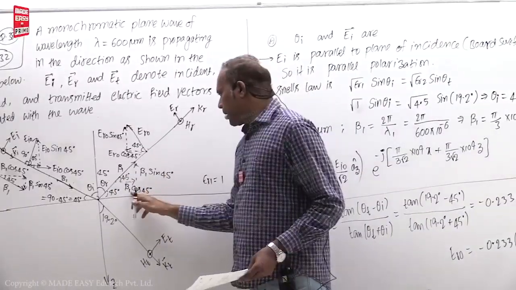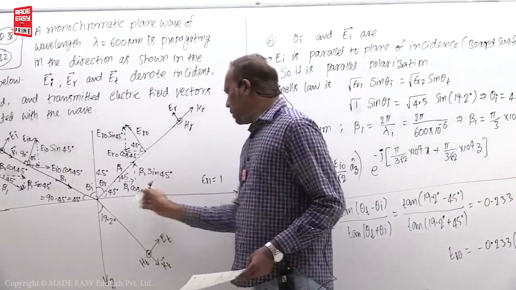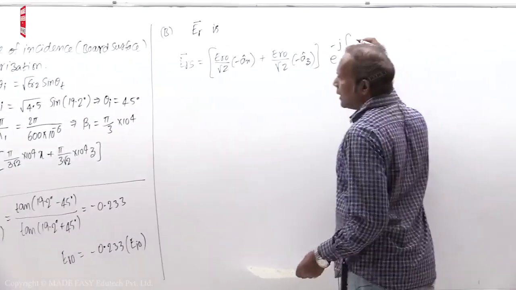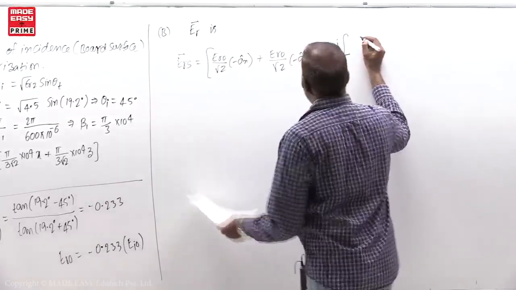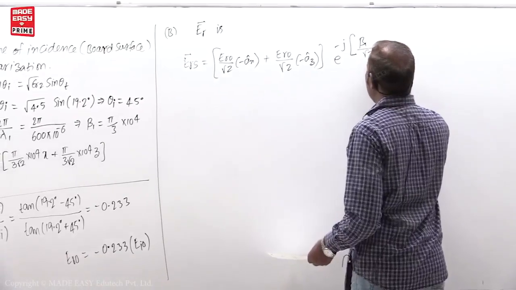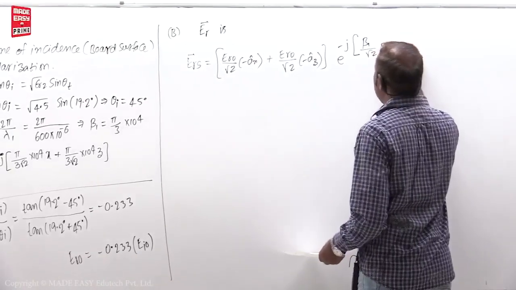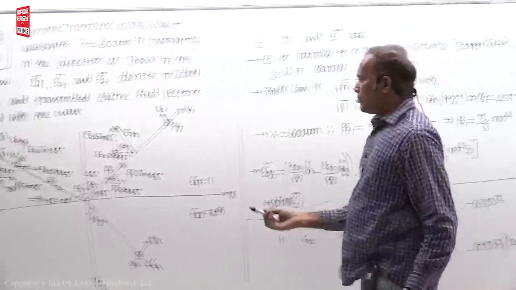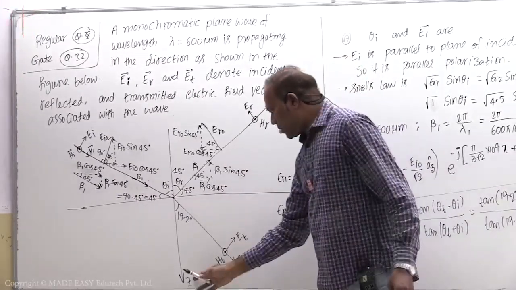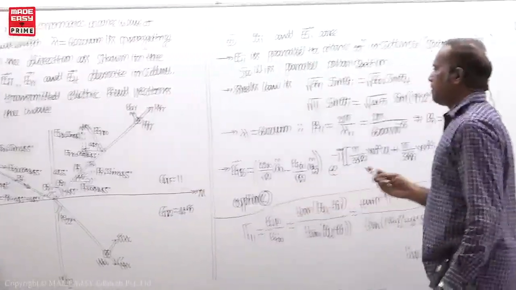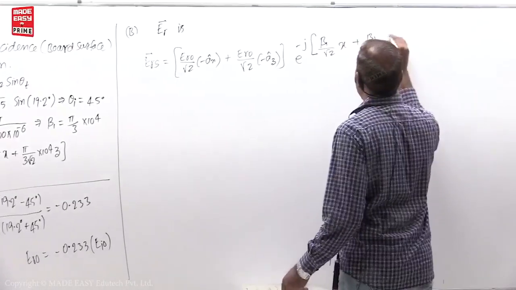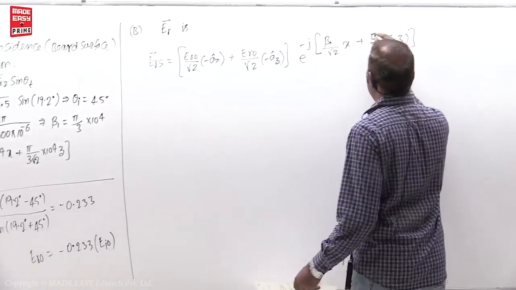This is beta 1 by root 2, this is AX. So what is beta 1, dear students? Here we found it. First I will write beta 1 by root 2 into X. Next one, beta 1 sin 45, beta 1 by root 2, opposite of Z. So that is beta 1 by root 2 minus Z.